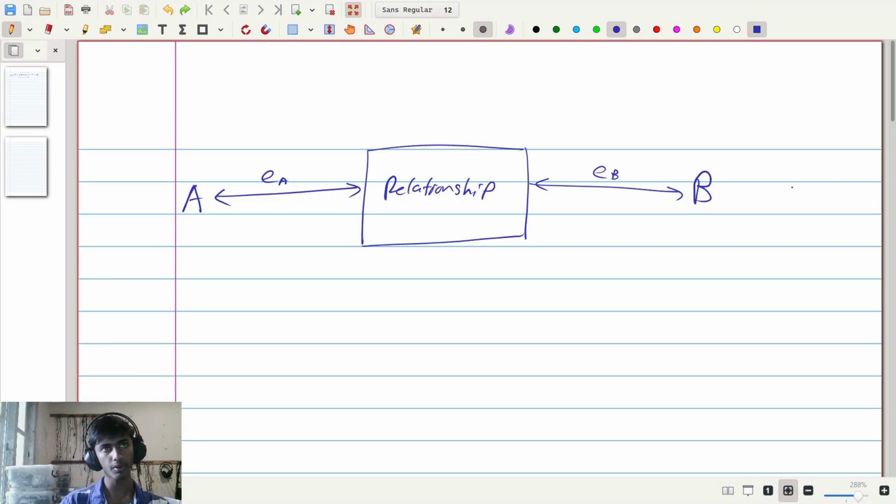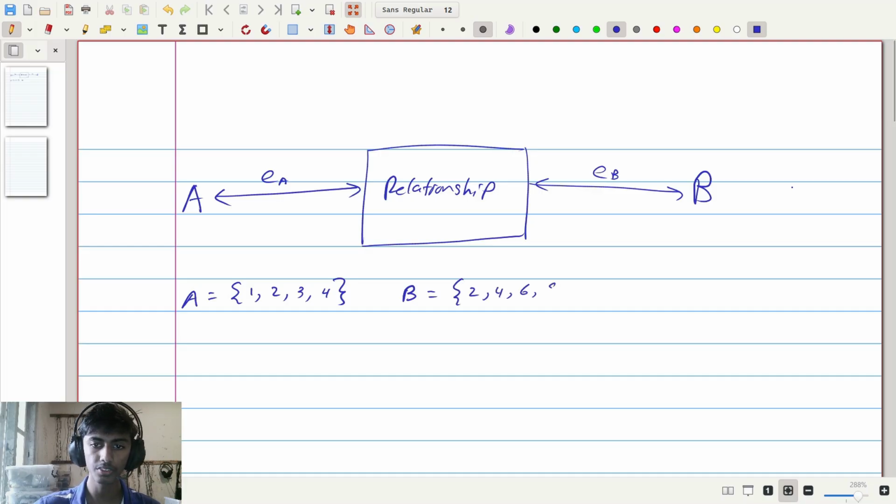Here different kinds of relationships can be there. If we're talking about purely mathematical, then the relationships are of course mathematical. If A is the set of 1, 2, 3 and 4, and B is the set of, let's say, 2, 4, 6, 8, then even to us it's very obvious what the relationship here is.